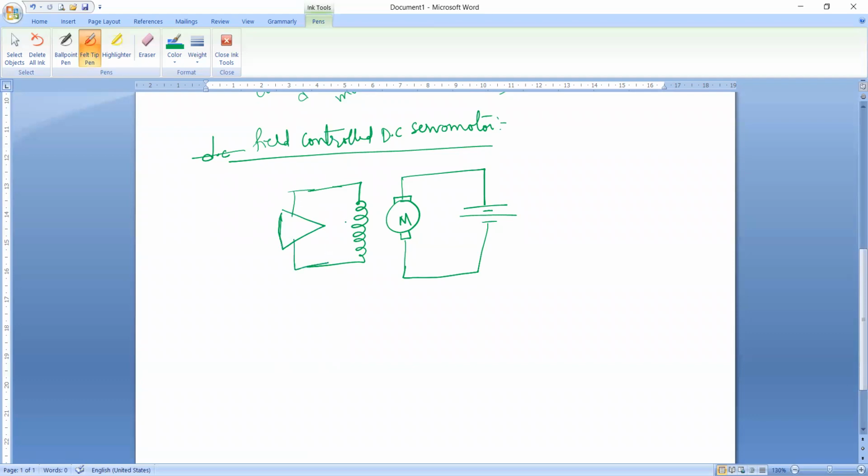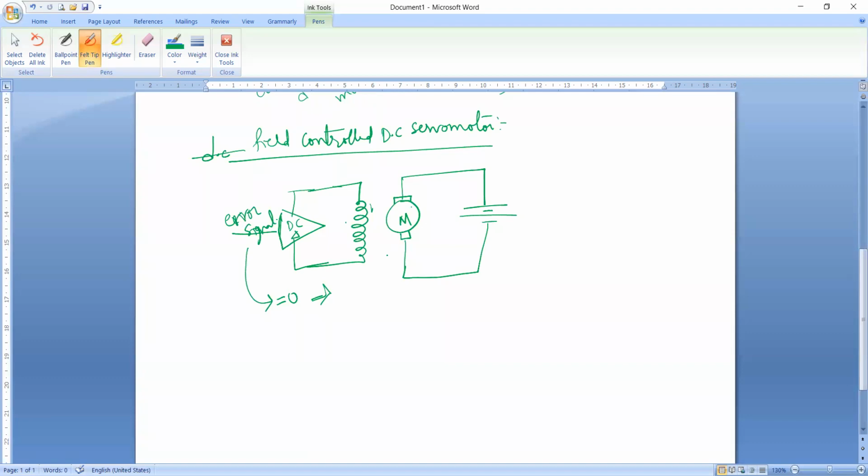This is the field winding, this is the armature, and this is a DC amplifier with the error signal. When the error signal is equal to zero, there would be no field.